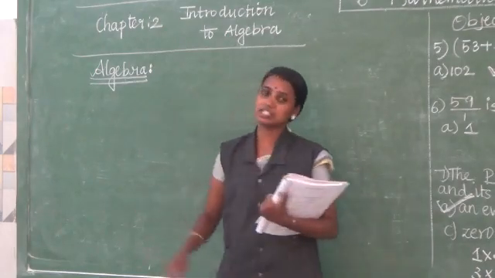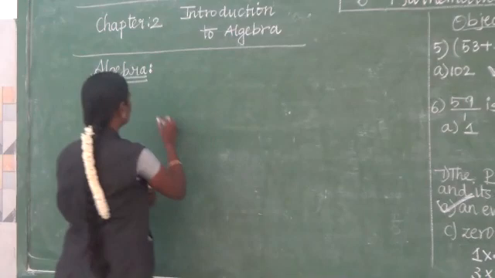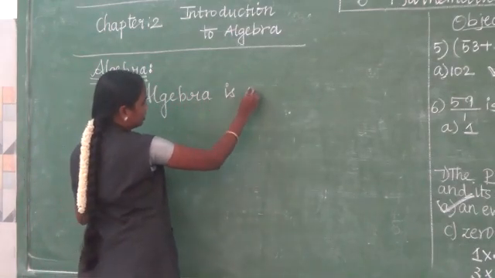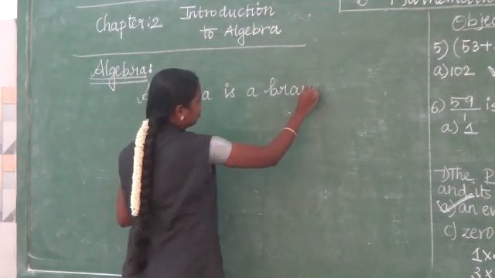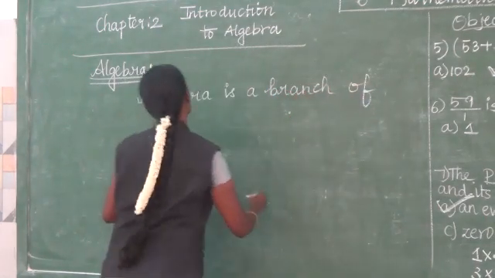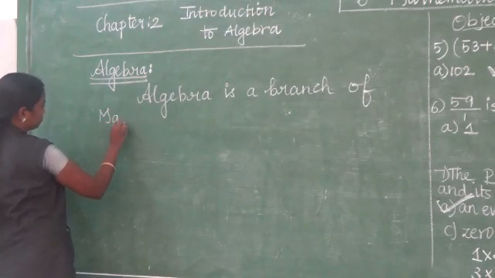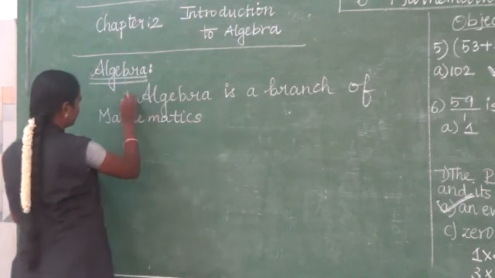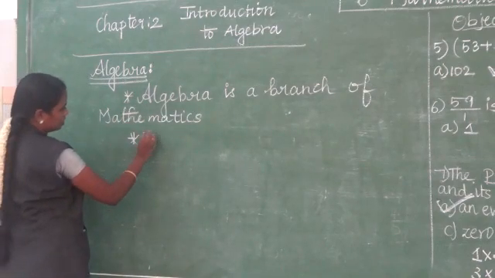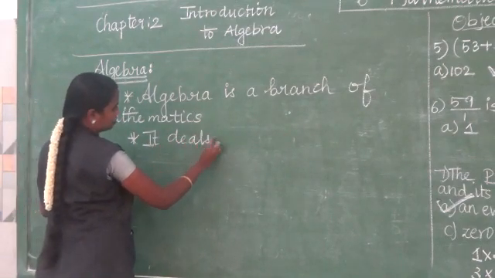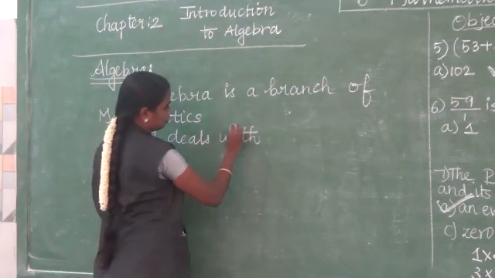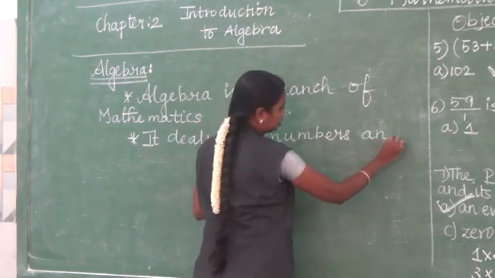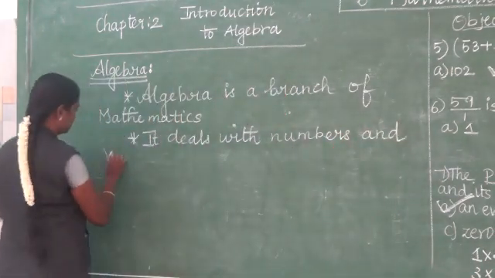So now we are going to see algebra. Algebra is a branch of mathematics. It deals with numbers and variables.